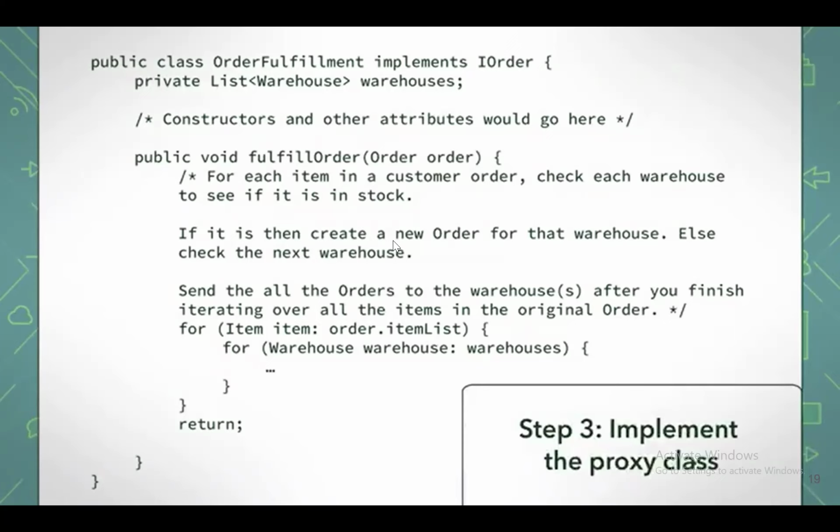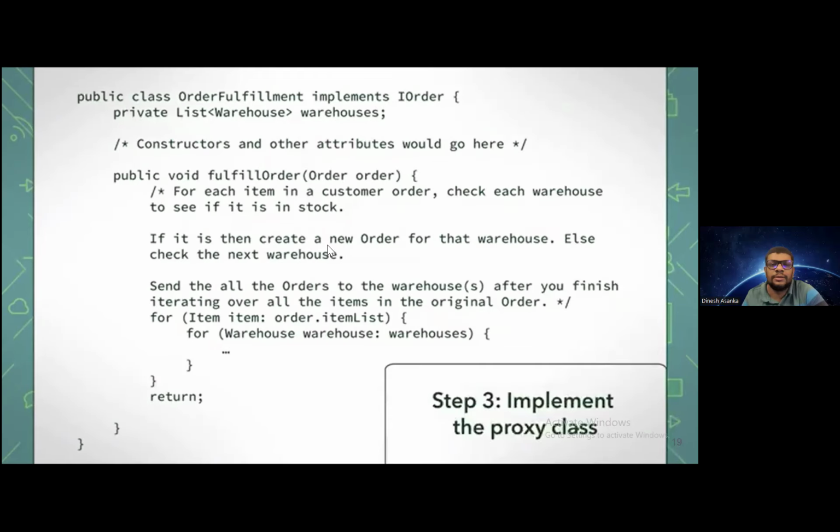So what happens here is, the customer order will look like this. Item A, he needs 5 items. Item B, he needs 6 items. Item C, he needs 10 items. This is his order.